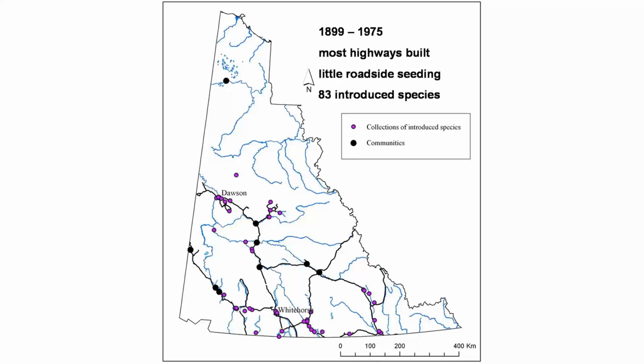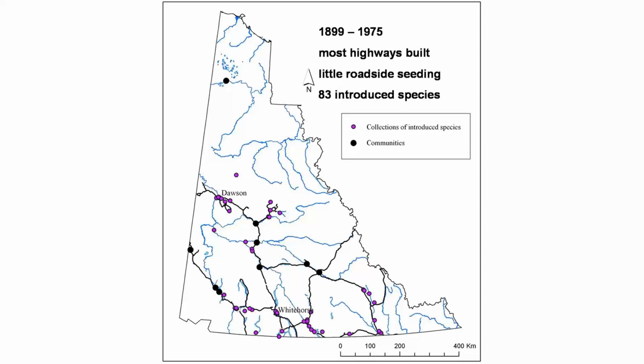And there's not a strong correlation with the roadsides. You can see there's just as many plants well away from the roads as there are within the roads, except for perhaps in the Whitehorse area where we were getting a lot more traffic. But overall, the roads didn't really seem to be a vector for species to move.